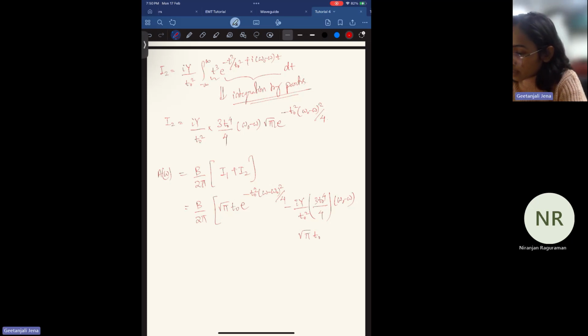So here you will get a t0 also, e to power minus t0 square omega minus omega 0 square by 4. Okay.